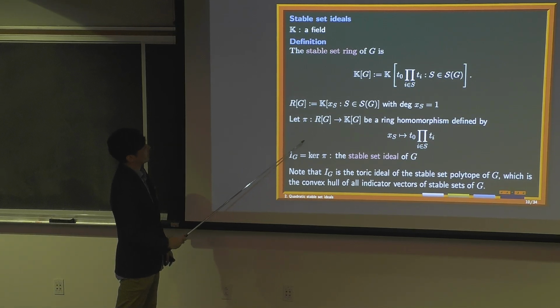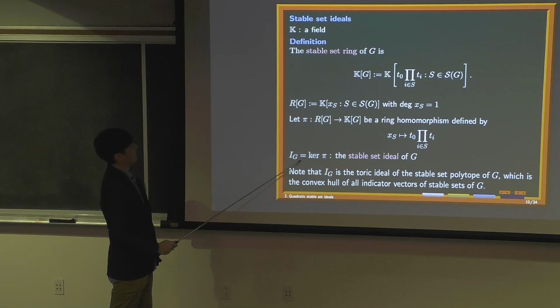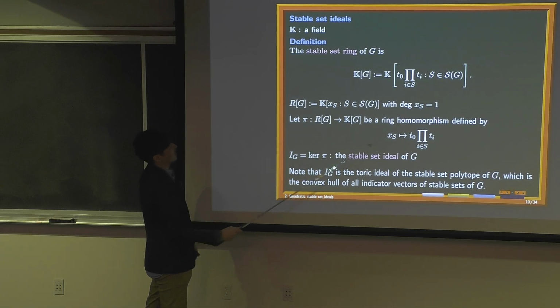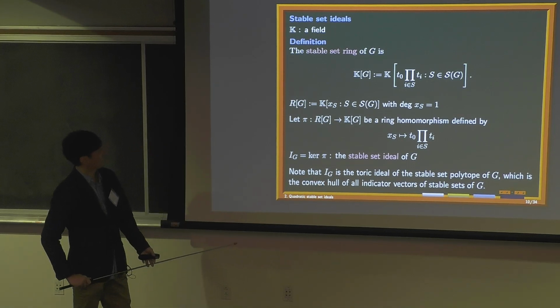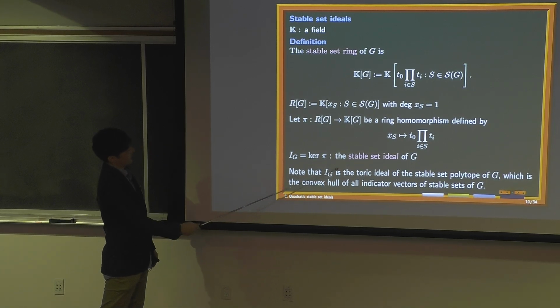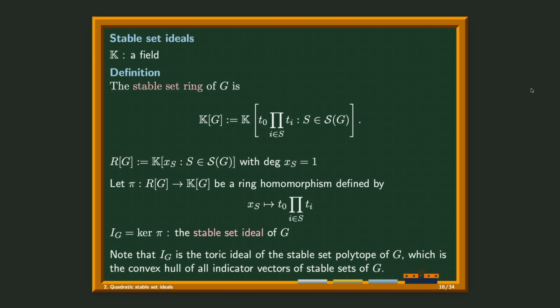And the stable set ideal is the kernel of this ring homomorphism. So this is the stable set ideal I_G. The stable set ideal is the toric ideal of the stable set polytope of G, where the stable set polytope is the convex hull of all indicator vectors of stable sets of G. Okay.